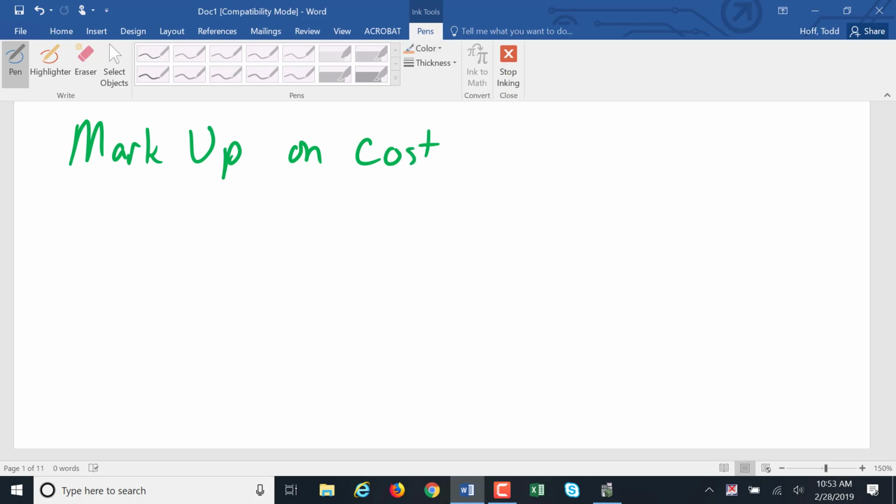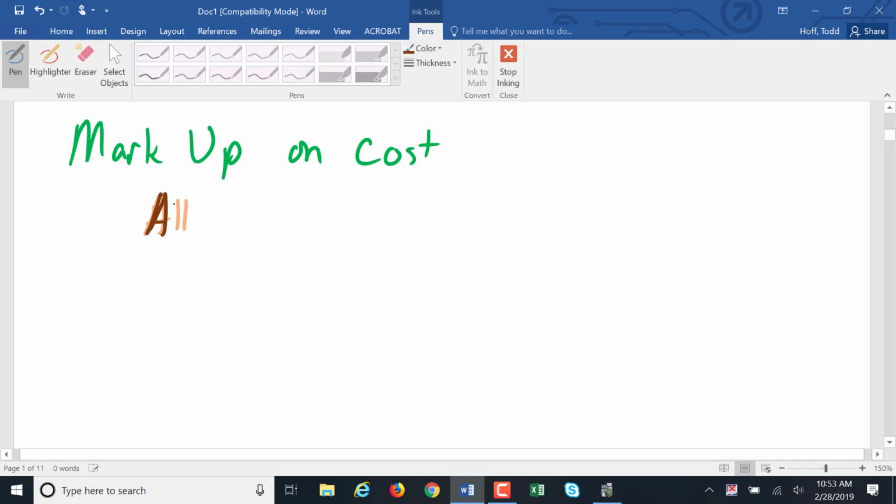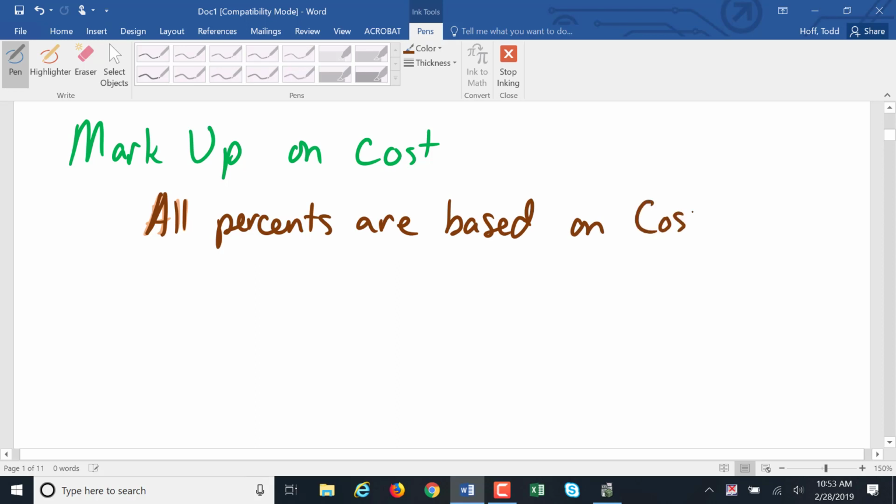What that means is in our table here, all of our percents are based on the cost being equal to 100%, or the full amount.